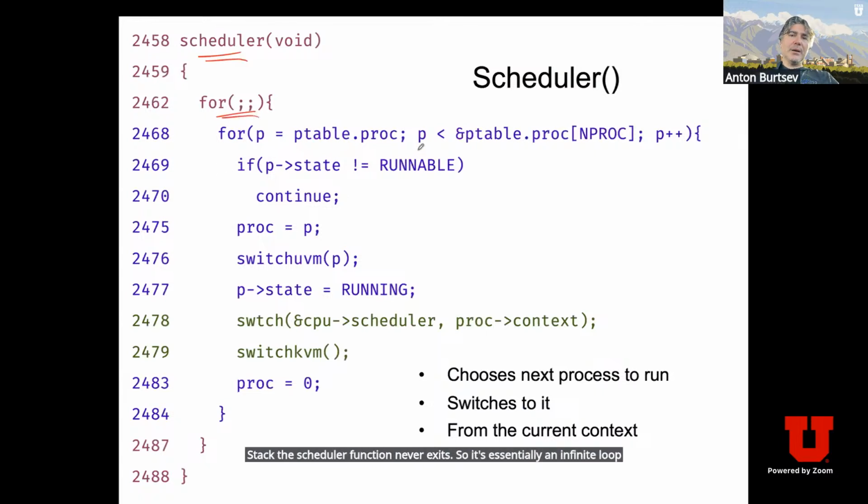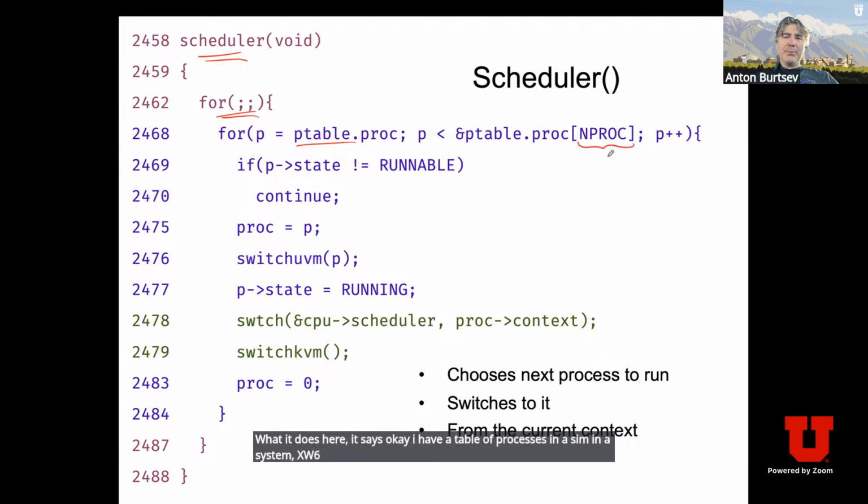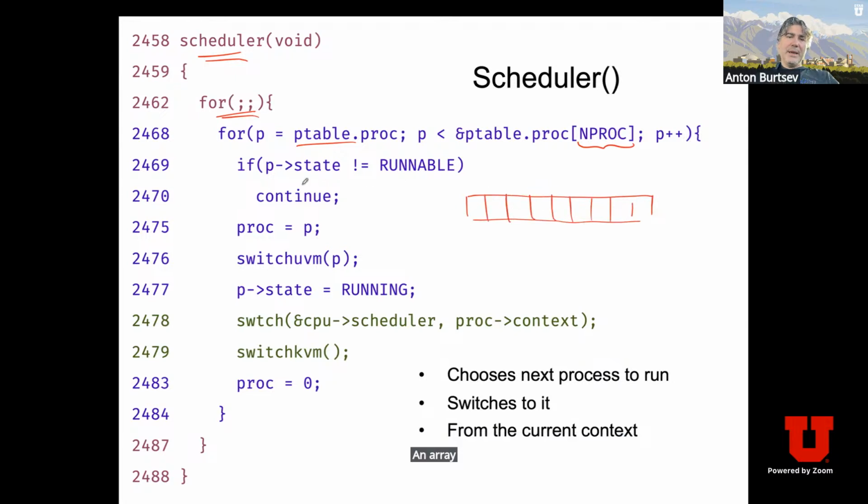What it does here, it says, okay, I have a table of processes in the system. xv6 supports NPROC number of processes. So instead of maintaining a linked list, it's simply an array of processes, and they have a state. If the state is not runnable, we skip and go to the next one.